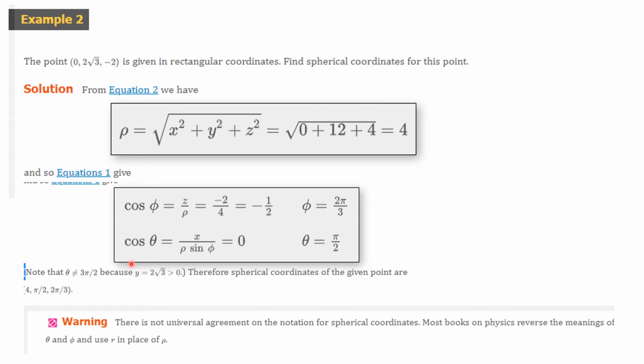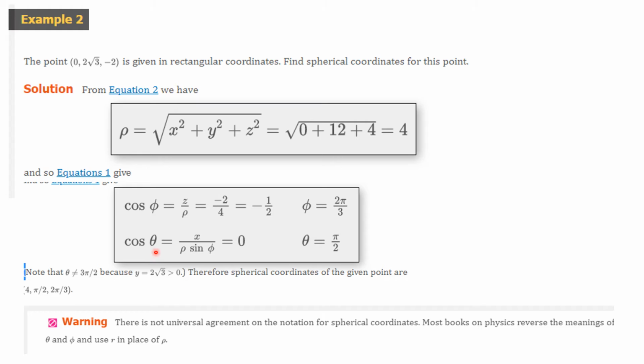Similarly, we know from our equations that x is equal to rho sine phi cosine theta, but this time we're going after cosine theta, and we already know what phi is, so we can substitute those things in, and we will get that this is equal to 0, because we know that x is 0.